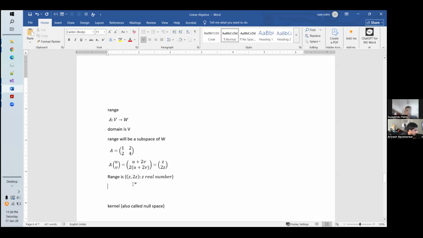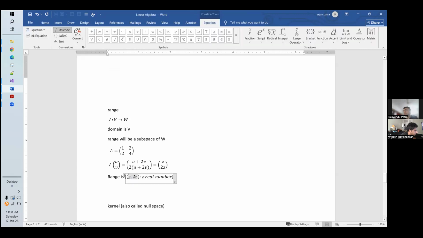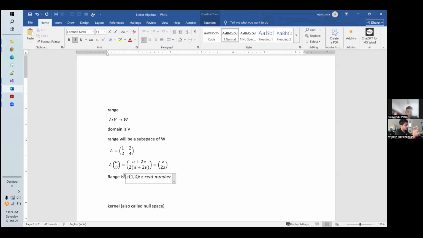No, because it's a vector. The range is a collection of vectors, and there is a restriction that the second component has to be double the first component. Another way to write it: the range is some z times (1, 2), where z is a real number. Got it. But you cannot form a vector like, say, 3 comma 5.